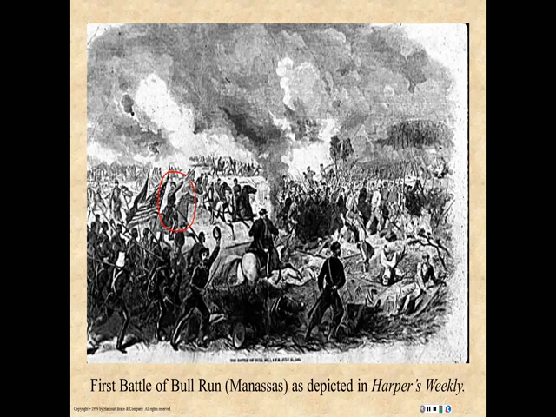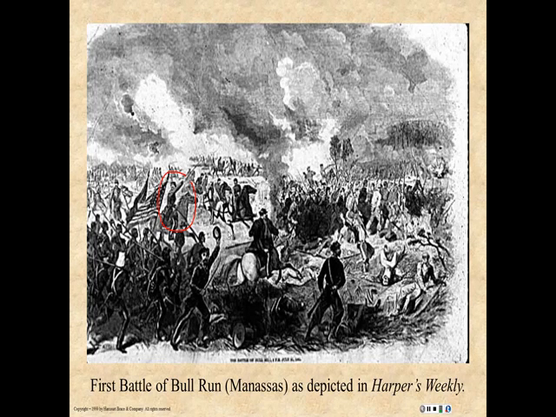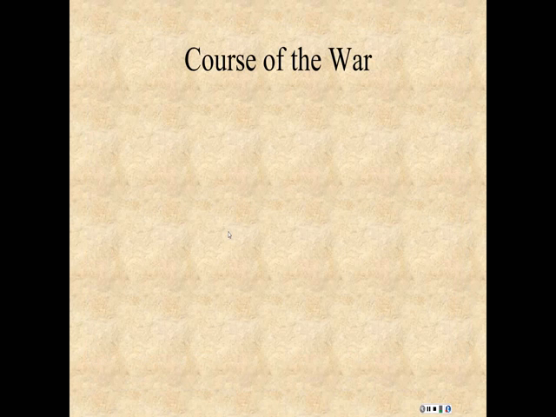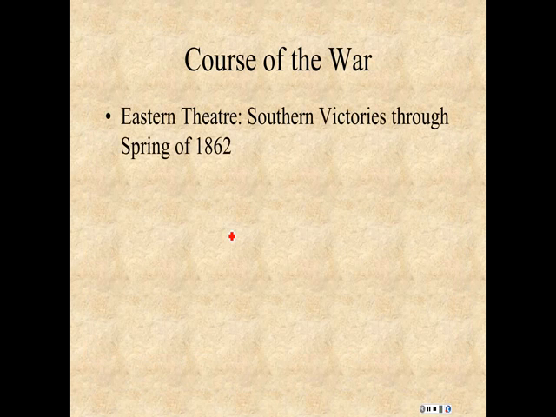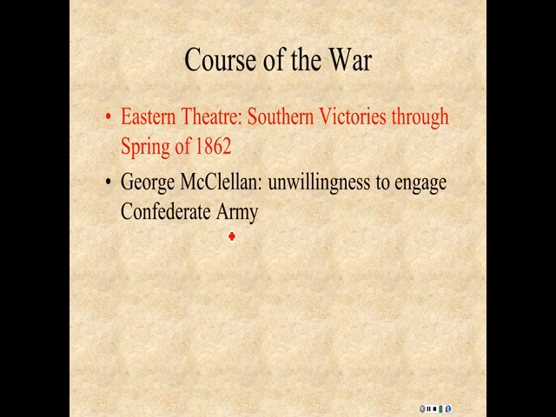Just the idea here is that people, I think, have an unrealistic conception of how brutal this war is really going to be, and I'm just going to mention some high points and turning points here. In the first couple of years of war, the Southerners are scoring, and under the leadership of Lee and Stonewall Jackson, especially the Shenandoah Valley campaign, where Jackson scores a number of major victories, the South has the upper hand.